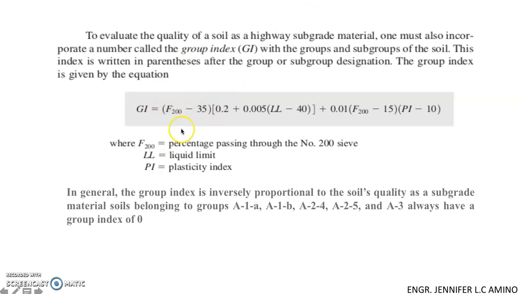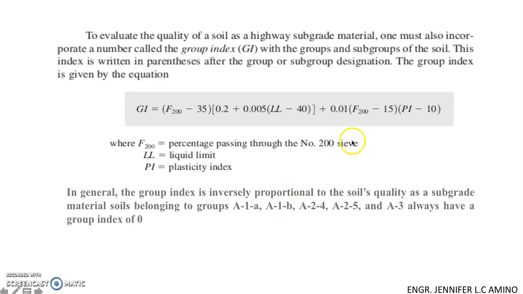So we have here the parameters F sub 200, which is the percentage passing through the number 200 sieve. We have the liquid limit and plasticity index. In general, the group index is inversely proportional to the soil's quality as a subgrade material for soils belonging to groups A-1 to A-7. Meaning to say, the lower the value of the group index, the better the quality of the soil.